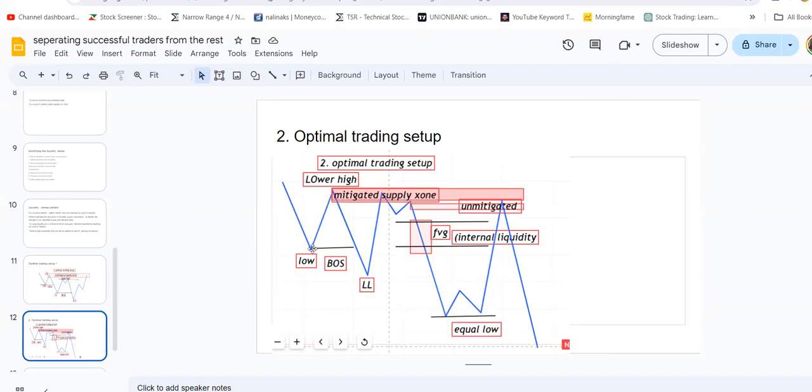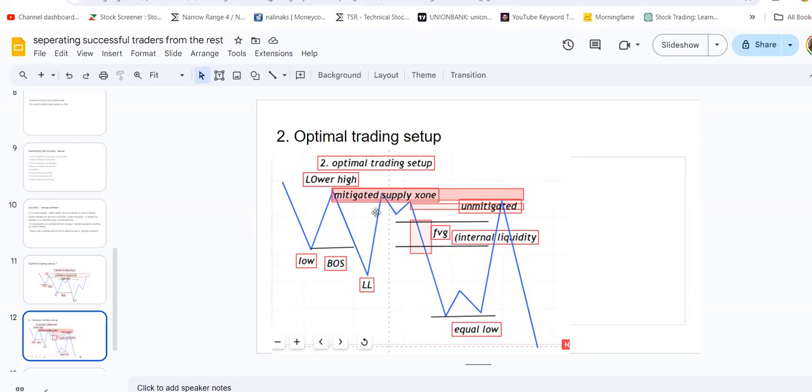In the second optimal trade setup, the market is coming down and makes a lower high, and it is an order block, a sell supply zone. When the supply zone is created, it breaks the structure and makes a lower low, and then it rallies up to this order block, this supply zone, and mitigates, takes the order from there.